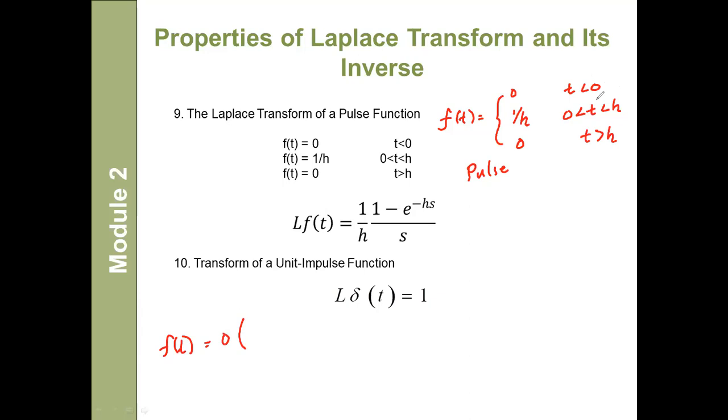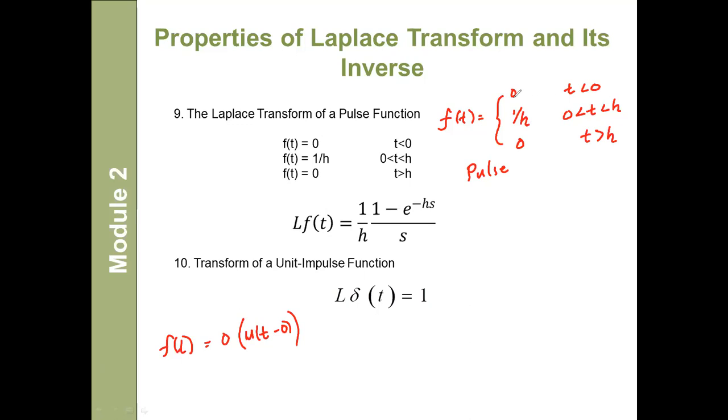Since this is 0, you simply multiply it by u of t minus 0. Now, there's a question: Miss, what if this is not 0? Let's say, mathematically only, not for the pulse, because the pulse will always have this as 0, that this is 1. So this would be u of t minus 1.